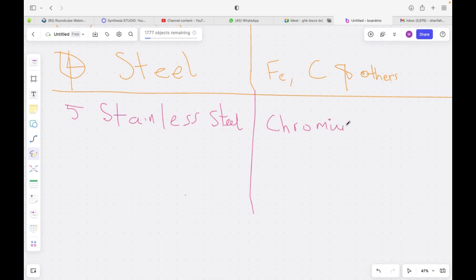Chromium plus iron. Iron is Fe, chromium is Cr. Okay, so you need this to combine with chromium. Chromium and iron gives us a stainless steel.